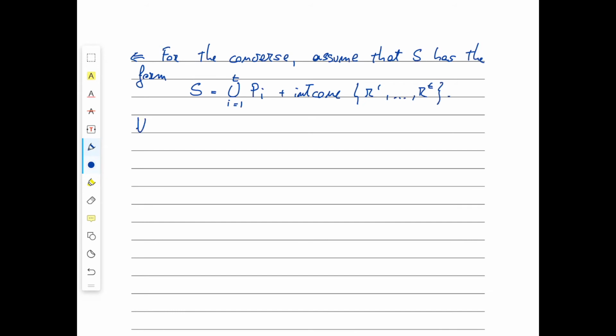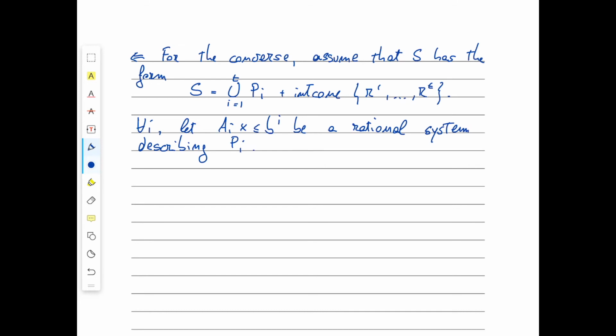And so now I need to write the formulation, the description of every Pi. So for every i, let Ai x less than or equal to bi be a rational system defining Pi.